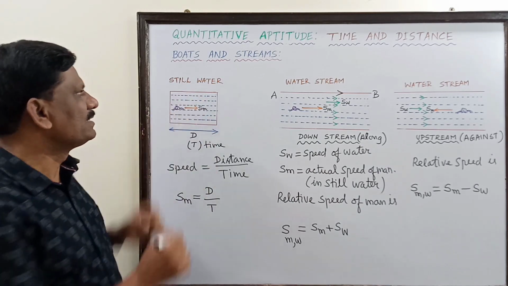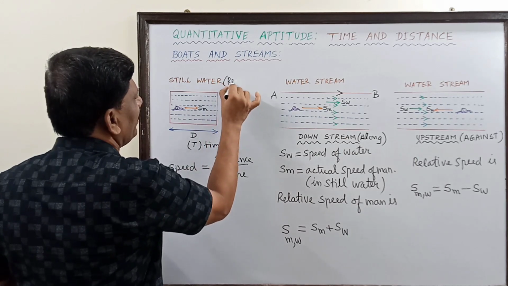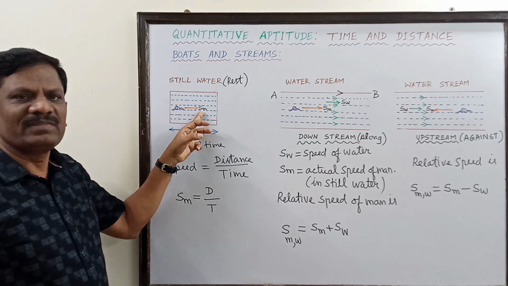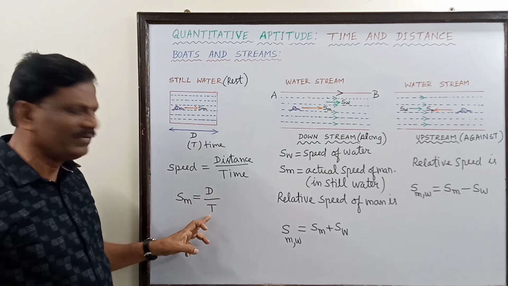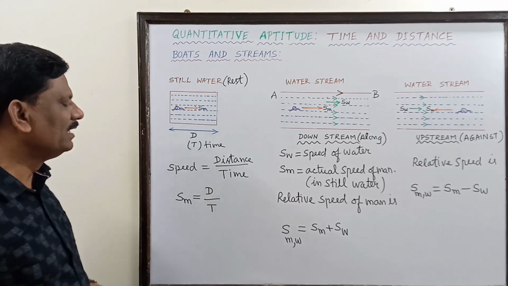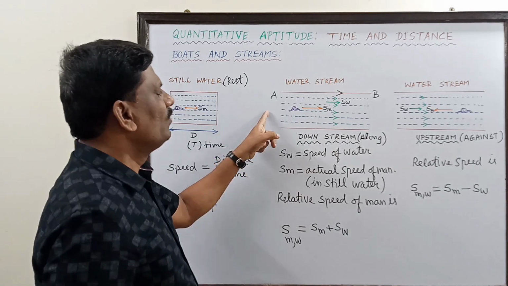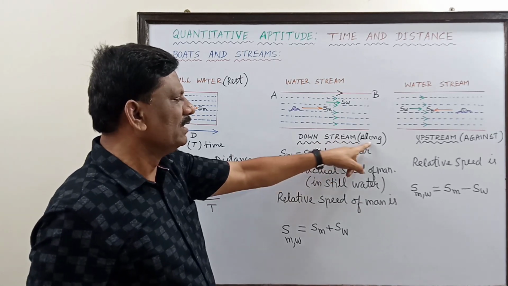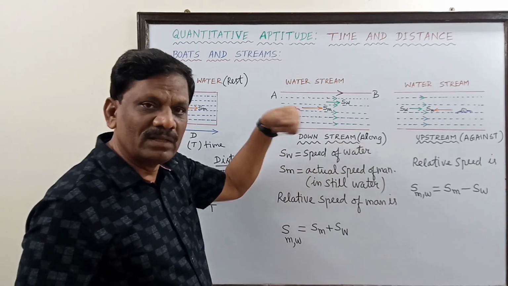When the water is at rest, okay, still water. For this, the actual speed of the man is equal to the distance covered by the man divided by the time taken. Understood? And in the second case, downstream, the man is moving along the direction of water.